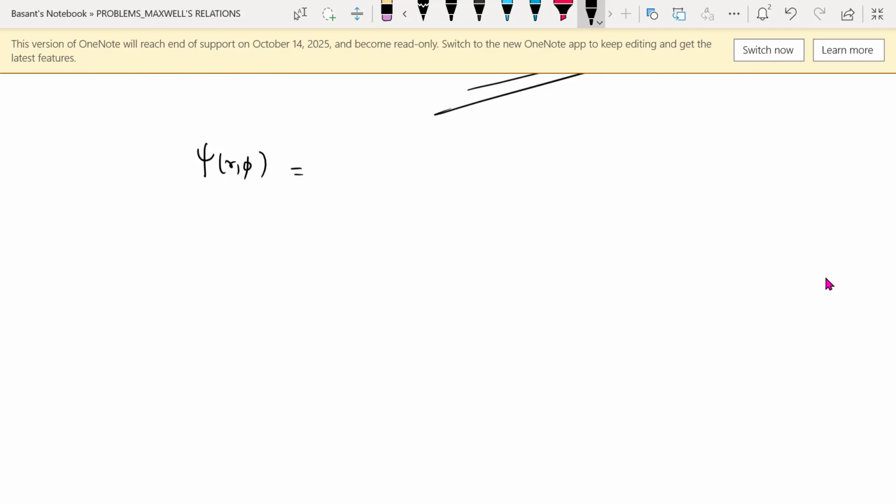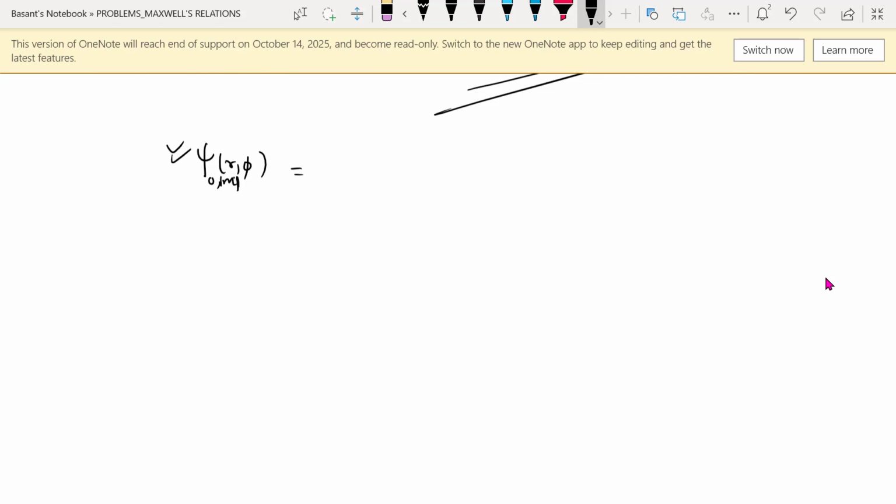So for examination point of view, I have introduced the 0 and m combination wave function. And that is simple to write.